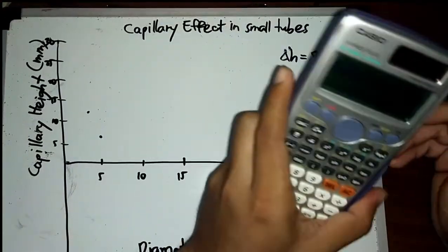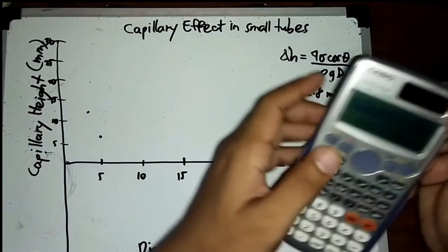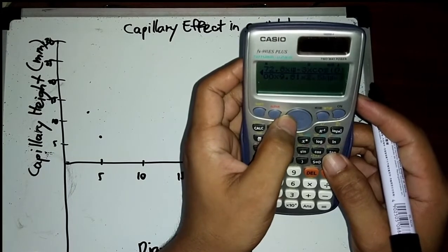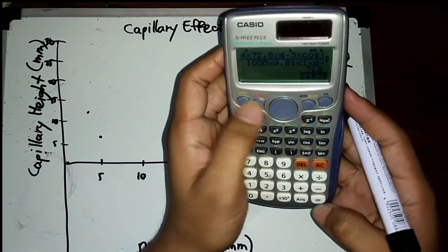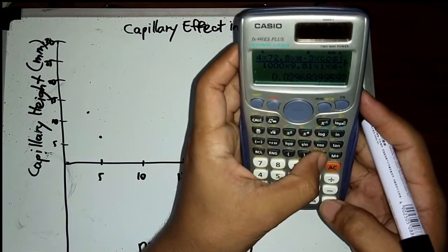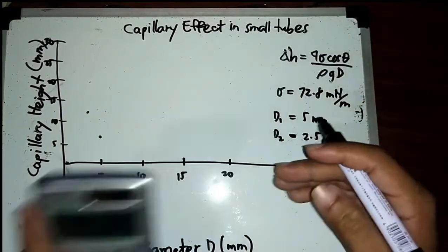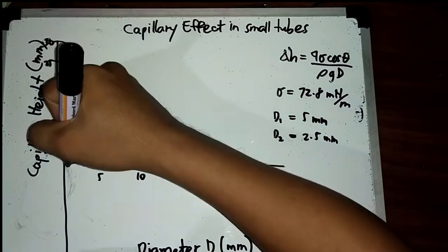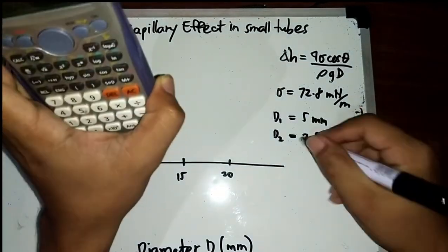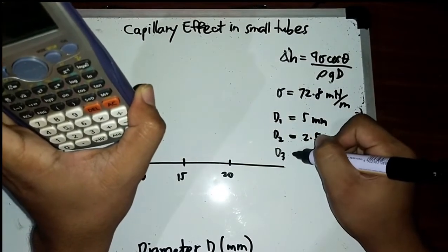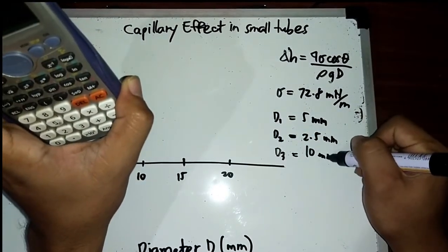Okay, so how about if we use 1 mm for the diameter? The answer will be 30 mm. So that is the elevation. Then for D3, it is 10 mm.